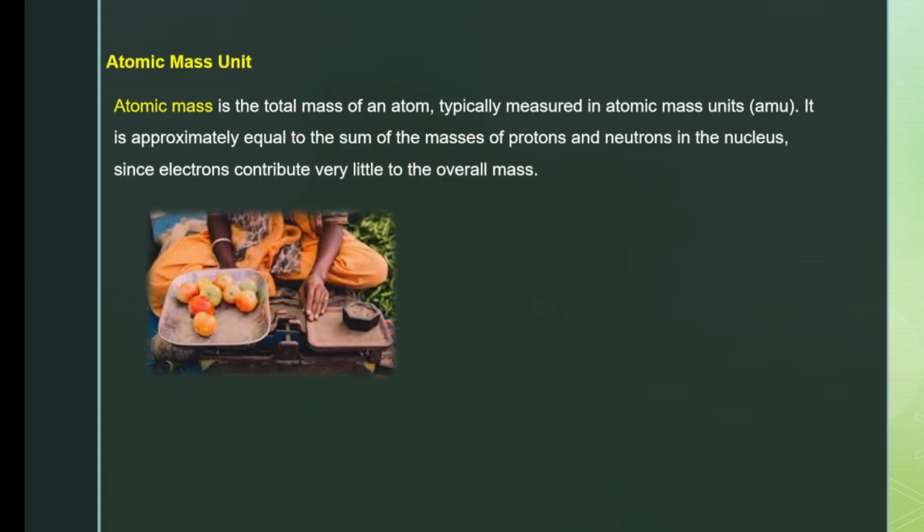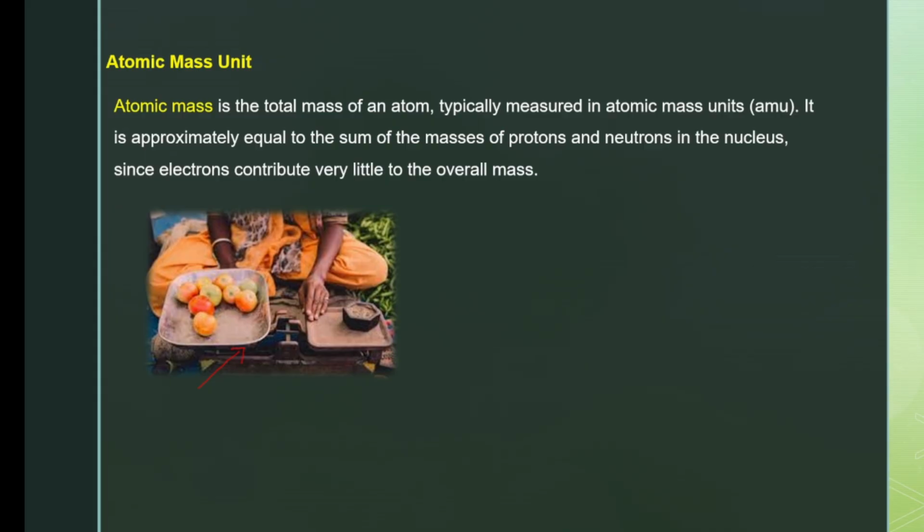Now I show you here a picture of a weighing balance. When we go to local markets, we have seen this type of thing. This is a weighing balance, and if your mother has asked you to buy 1 kilogram of tomatoes or any other vegetable, you go and tell the vendor, I want 1 kilogram of tomato. So what will the vendor do?